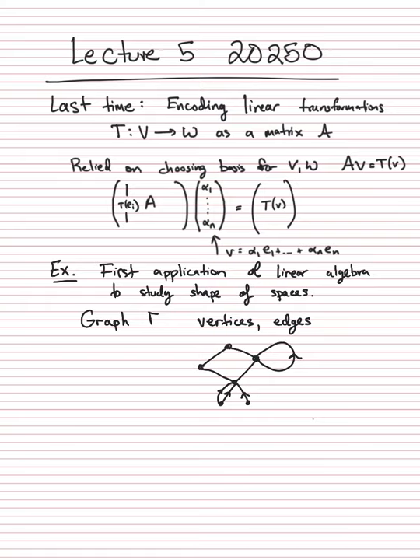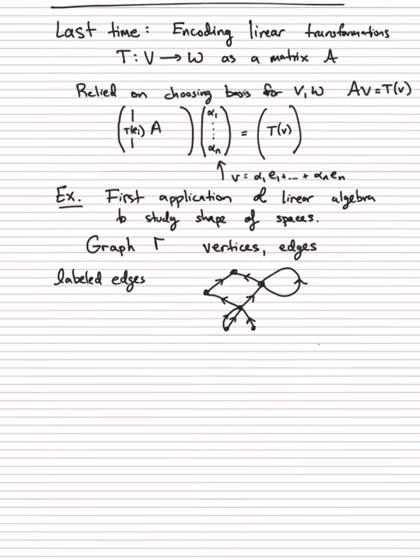That's fine. And we're also going to assume that these are labeled edges, so I'm going to give a direction to each edge. If you want to think of this as some sort of electrical circuit, and this is describing which direction the current flows, that's a pretty good intuition for what's going on. Okay, so that's what we're imagining, some sort of network where the arrows are telling us which direction we're going to go.